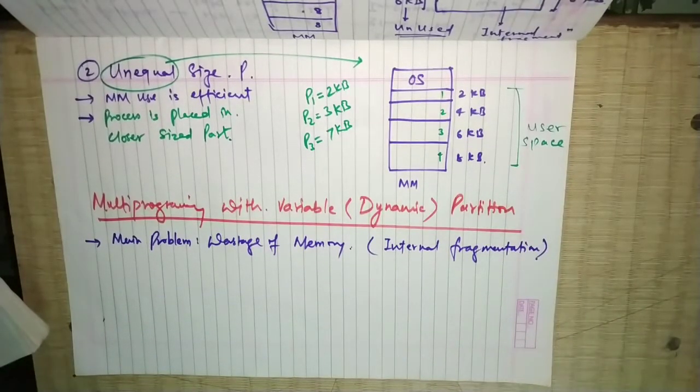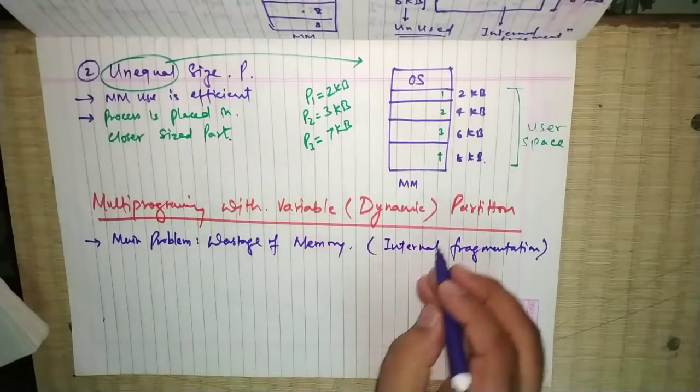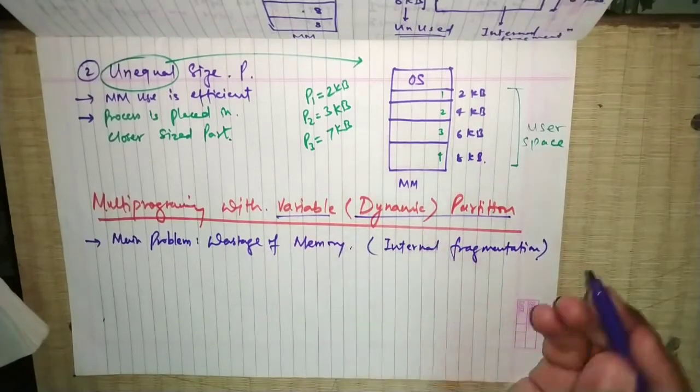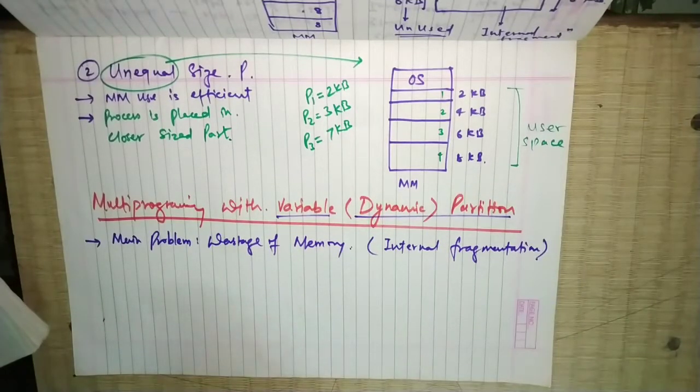So a different memory management approach is known as dynamic partitioning. Now we have a new partitioning scheme that we have to use, the dynamic partitioning scheme. This is also called variable partitioning. You can call both of them.